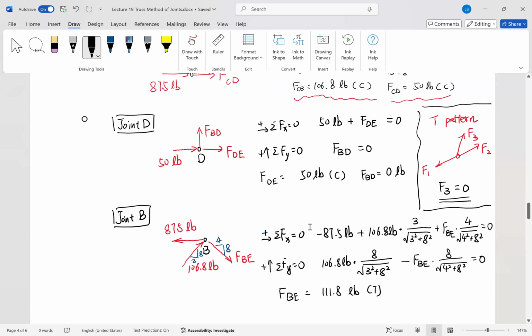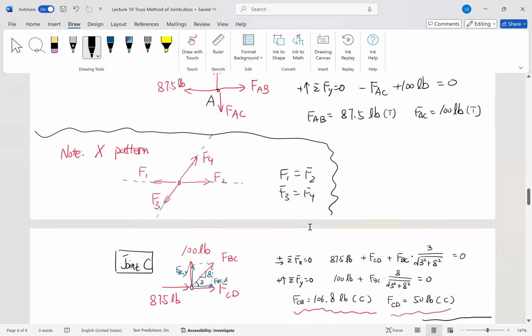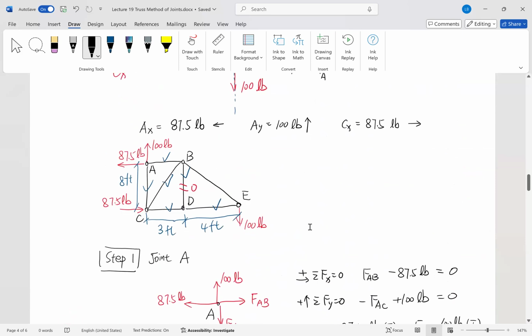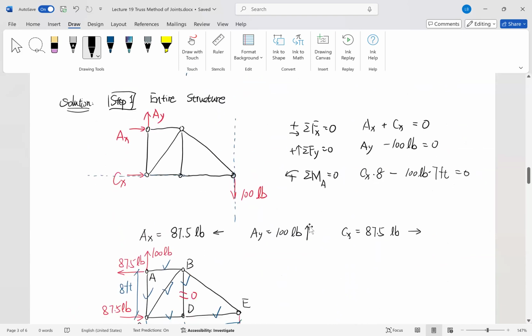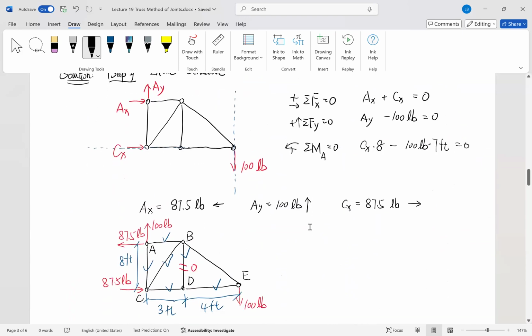Okay, so what is good about the method of joints here? The method of joints is actually a joint by joint scheme. After you solve the unknown support forces, you only need to repeat the equilibrium, that is actually a particle equilibrium, joint by joint.